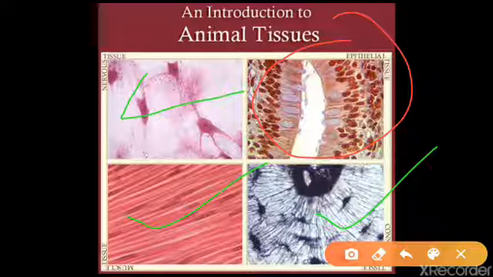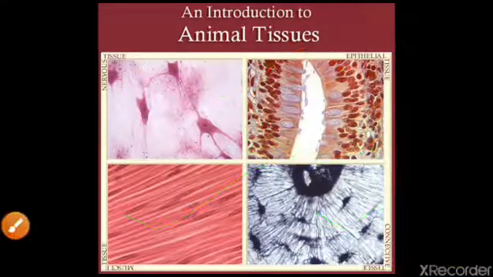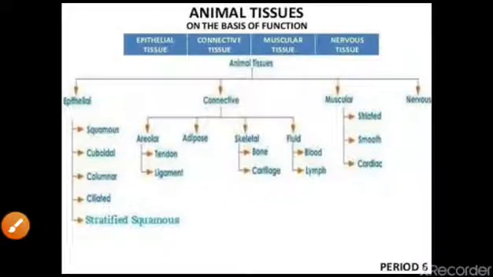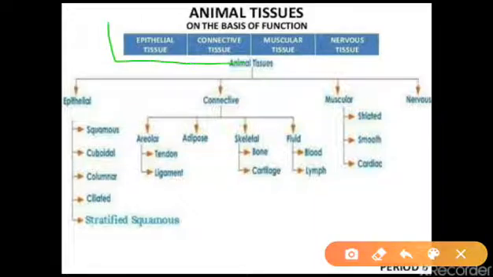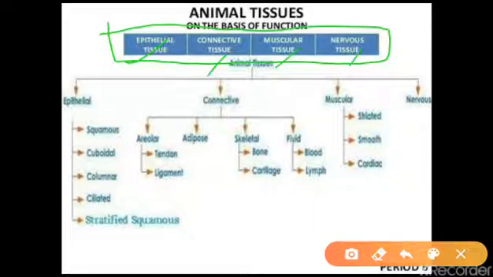In these we are going to read the divisions. Let's first see the flow chart. As I told you, it is mainly divided into four: epithelial, connective, muscular and nervous.